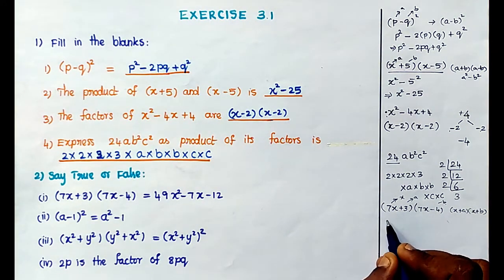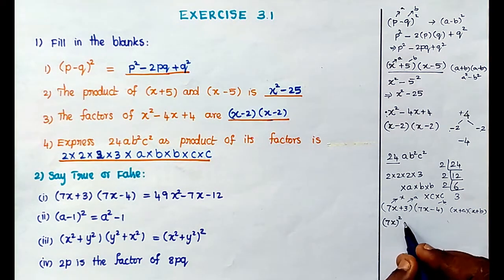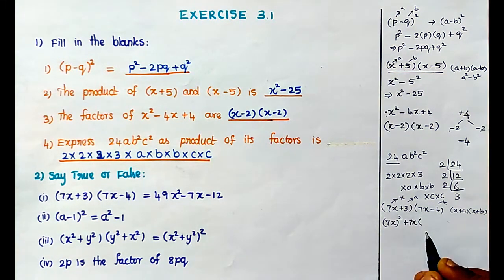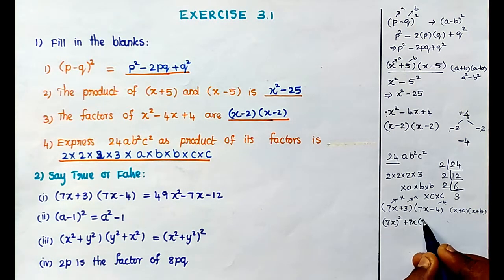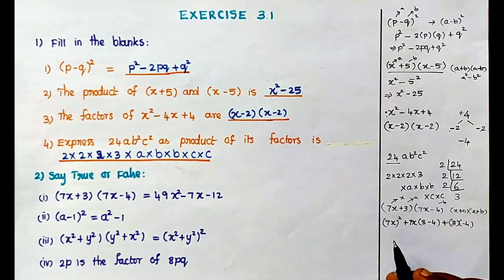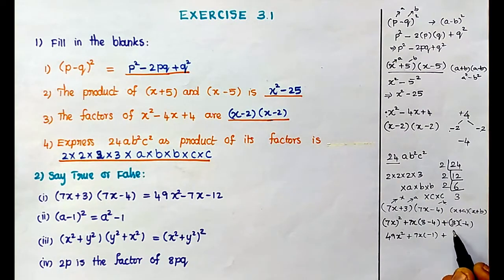So what is the formula? x squared, that is (7x) squared, plus x into (a plus b), that is 7x into (3 minus 4), which is minus 1, plus ab, 3 into minus 4, which is minus 12.